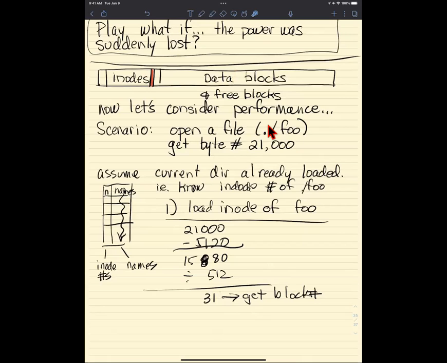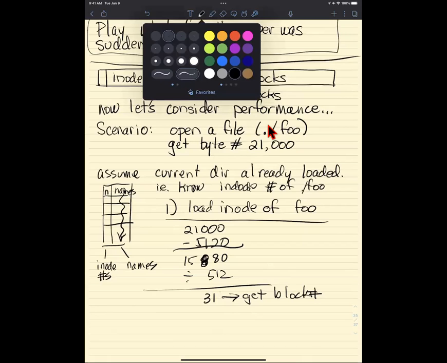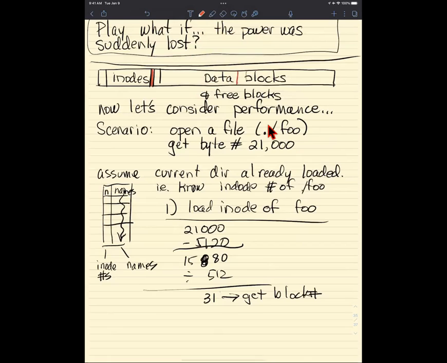Okay, so let's say this was the appropriate data block. So far we've been doing seeks to here, to the inode area. Seeks take a long time. And then we seek to the data area.